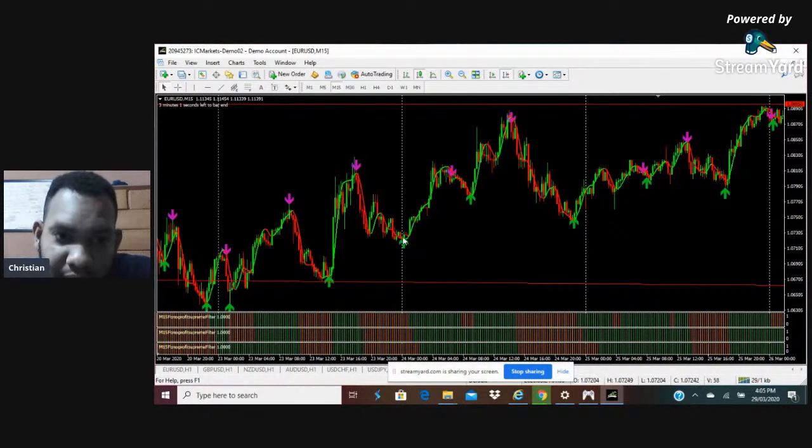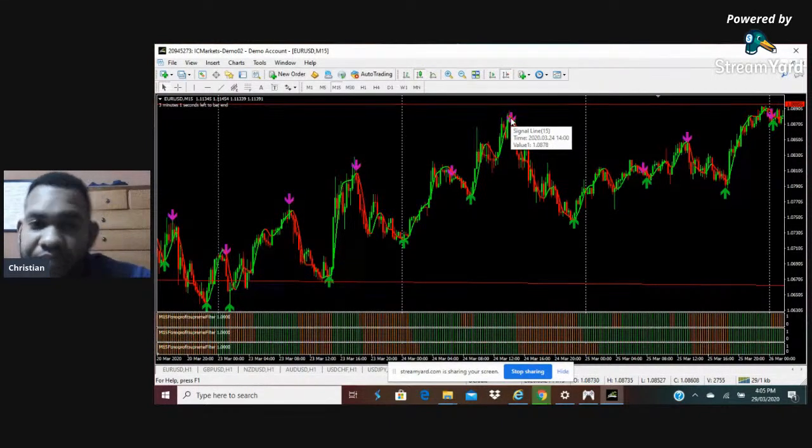Now here would be the lowest point of that day, and here would be the highest point of that day. So this green arrow would be the lowest, and this purple arrow would be the highest point of that day.